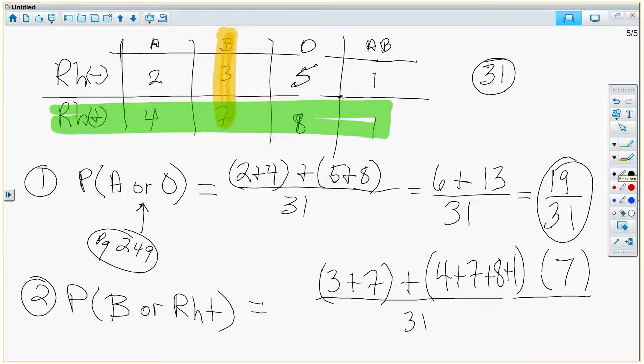And I'm going to minus what? 7. Because the 7 is the what? The overlap of the colors. And if you use highlighters on these problems, you will never miss it.